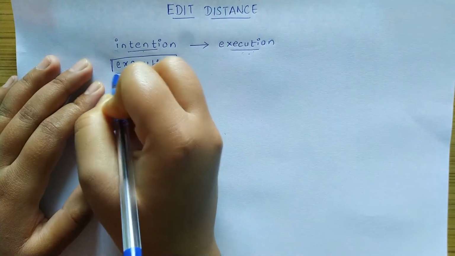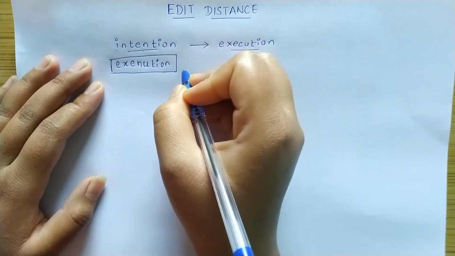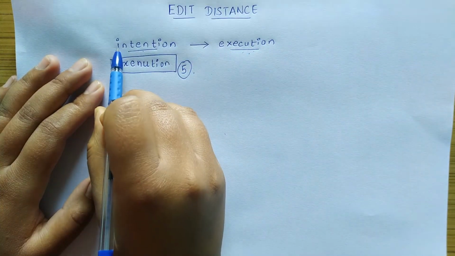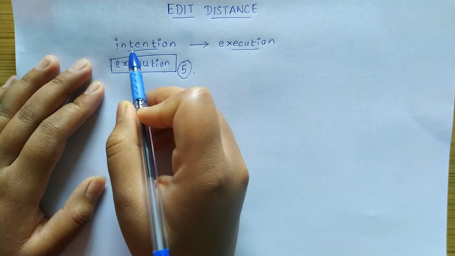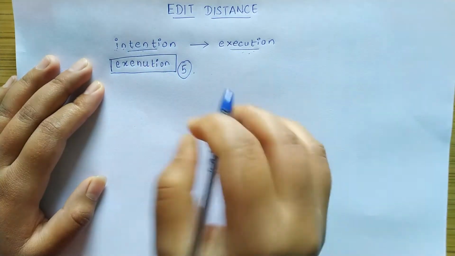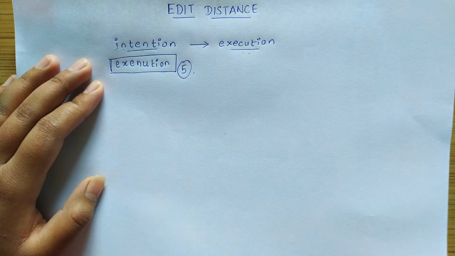So how many operations did we do? We did 1 for this, 2, and then we did 3 for this, and then 4, and we inserted 1, 5. So we have 5 operations to change this into this.